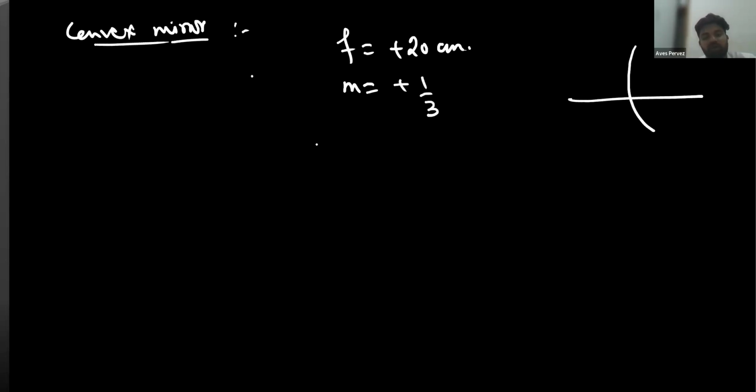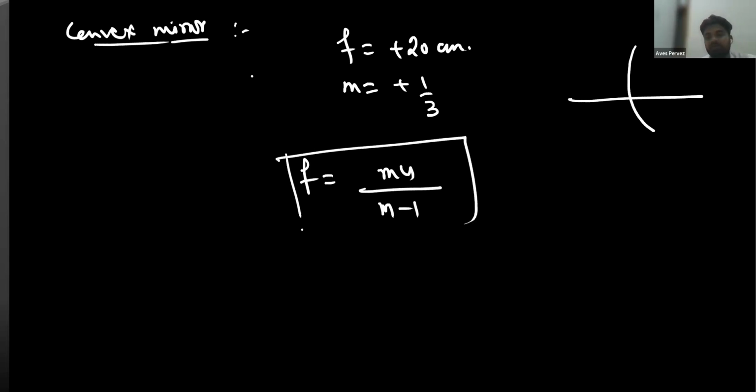The formula will be the same, that is f is equal to mu upon m minus 1. So using this formula, calculate the value of u.